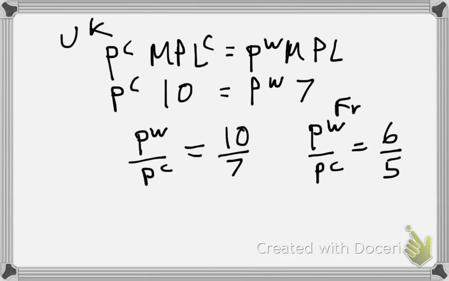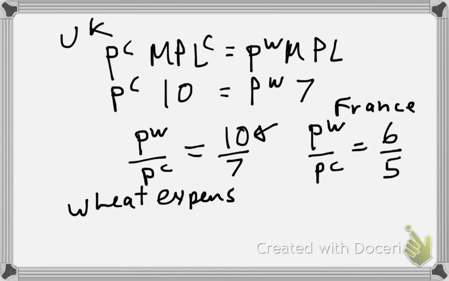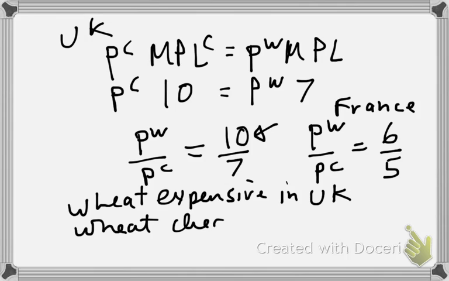This is France. So the price of wheat is relatively high compared to cloth in the UK compared with France. So wheat is expensive in the UK, and wheat is cheap in France relative to the other commodity.